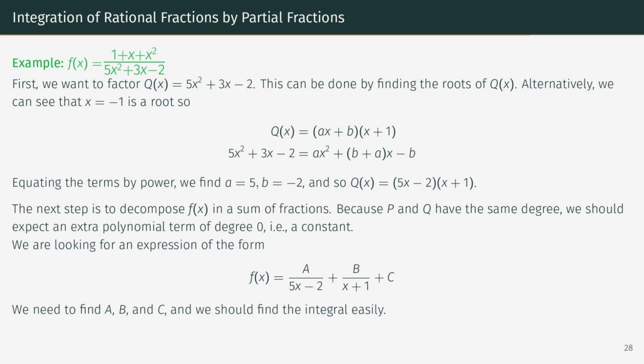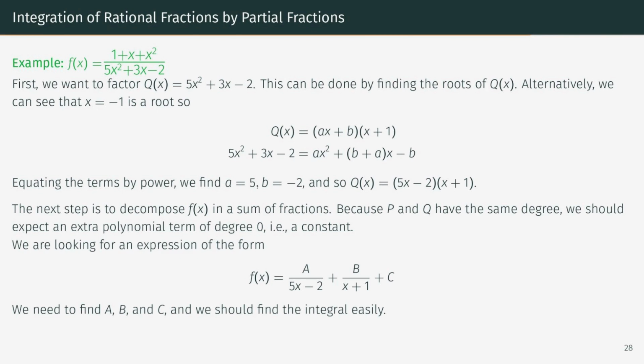We can see that x equals -1 is a root, which means that q of x equals ax plus b times x plus 1. Filling out the information, we have 5x squared plus 3x minus 2 equals ax squared plus b plus a, all multiplied by x minus b.